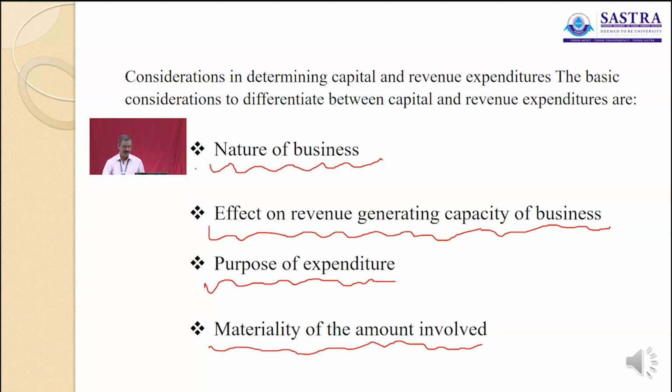For example, for a trader dealing in furniture, the purchase of furniture is revenue expenditure, but for any other trade, the purchase of furniture should be treated as capital expenditure.